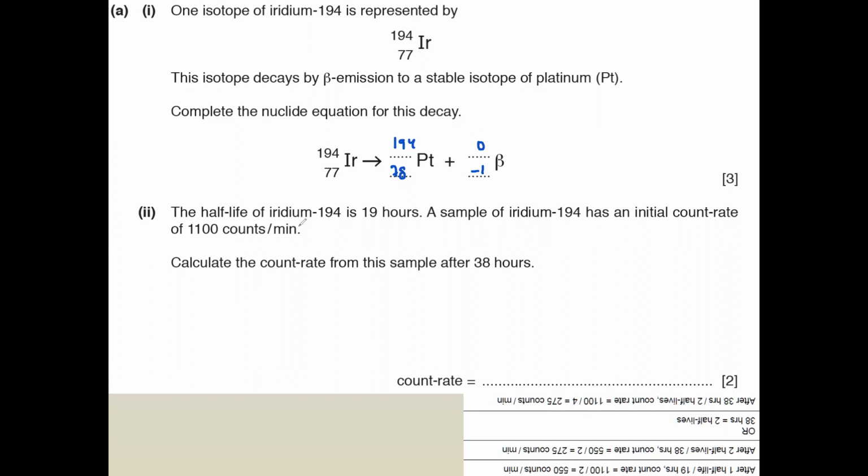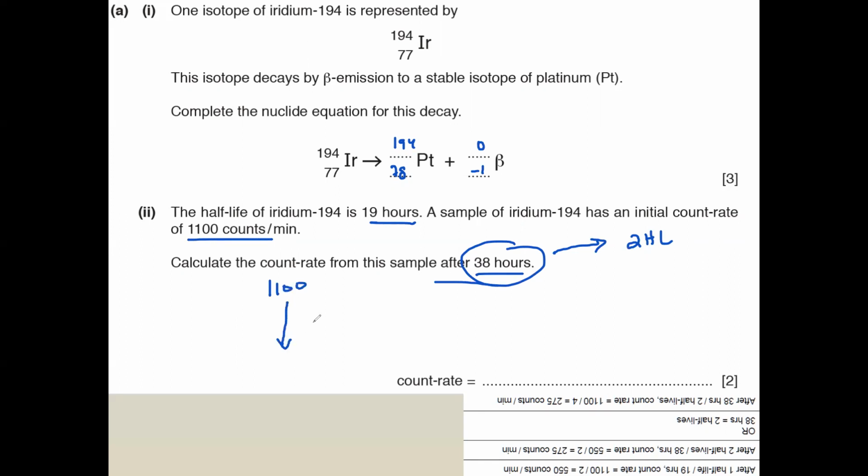In the question, the half-life of iridium is 19 hours. A sample of iridium has an initial radiation of 1100 counts. Calculate the radiation after 38 hours. Because one half-life is 19 hours, 38 hours means after how many half-lives? After 2 half-lives, what is the amount of radiation? In the beginning, it is 1100.